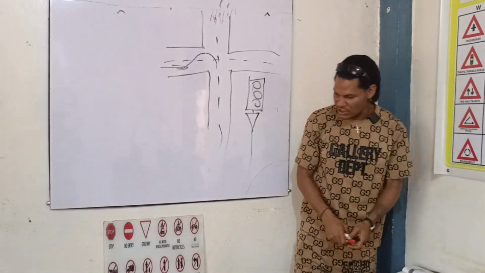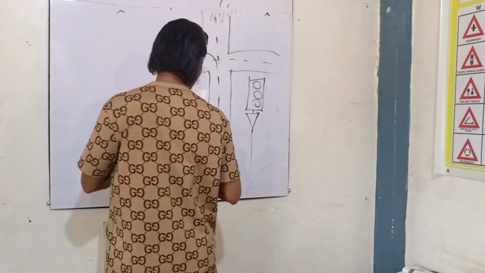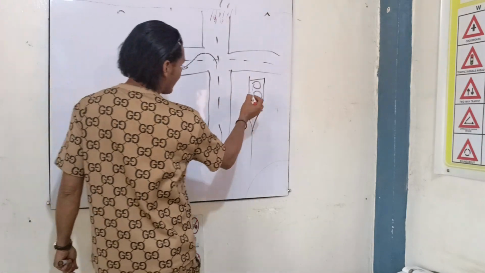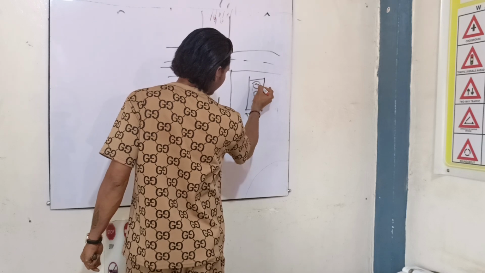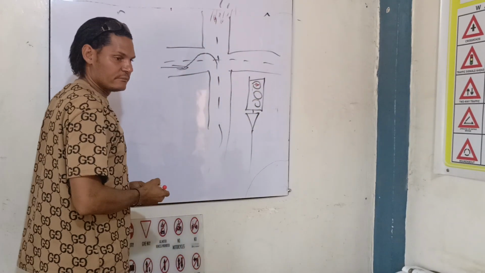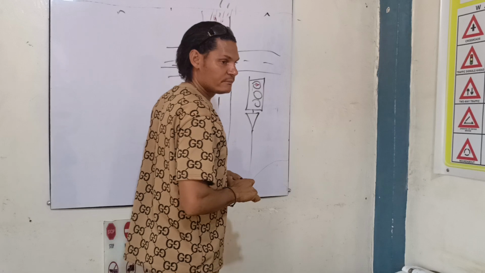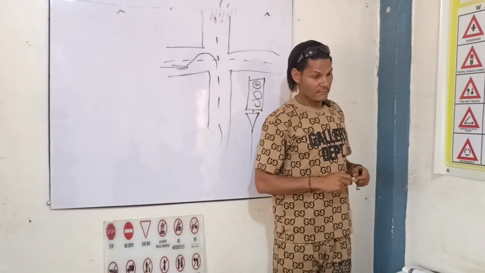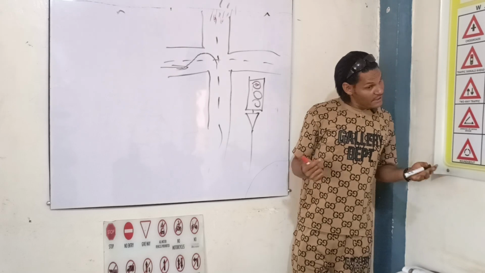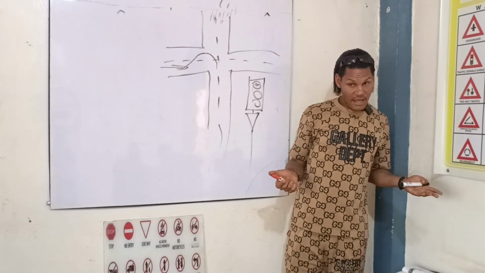When we are talking about directional lights, if you are coming and that arrow there is red, like that, it means what? It's don't go now. It's red.